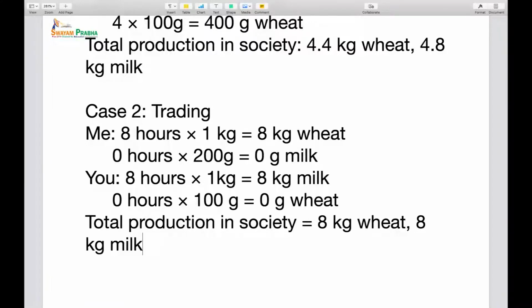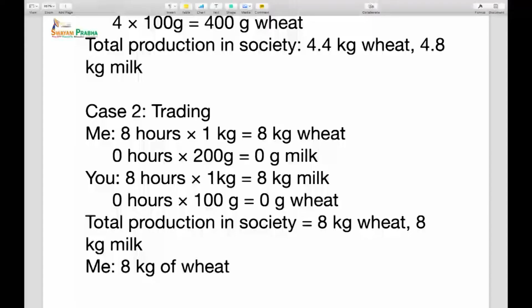So what we are seeing here is that if both of us were to do only those things that we had a certain amount of specialization in, then we would be able to produce more resources with the same amount of input. So in the first case, you were working 8 hours, I was working 8 hours. In the second case also, you are working 8 hours, I am working 8 hours.